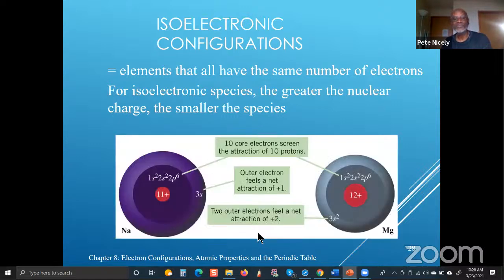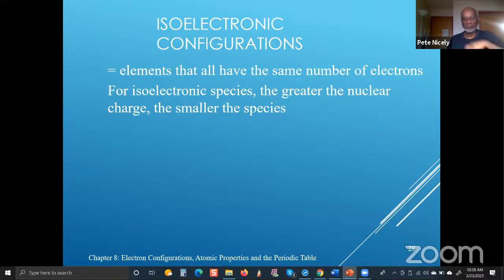So for example, if you look at the magnesium ion compared to the sodium ion, what you'll find is that the magnesium ion will have a smaller size compared to the sodium ion. Why is that so?